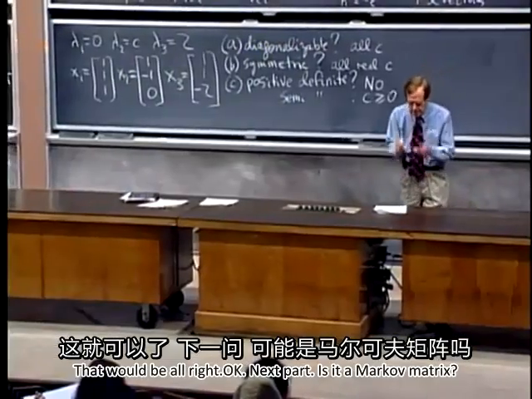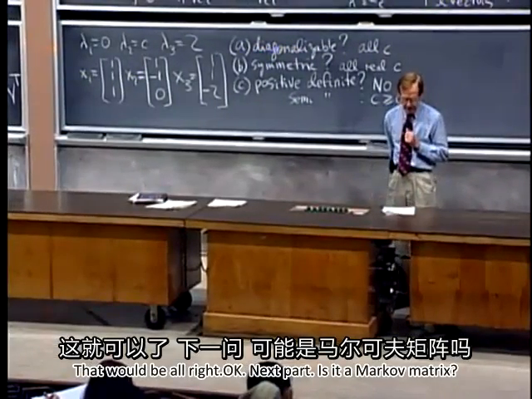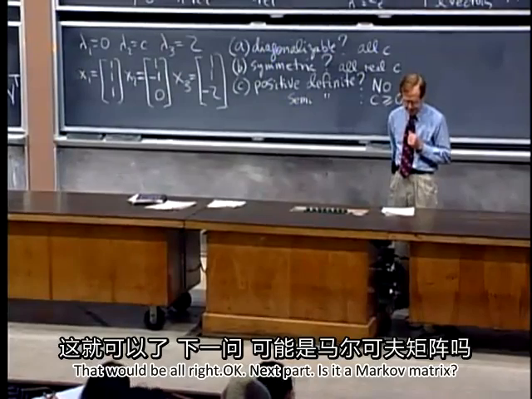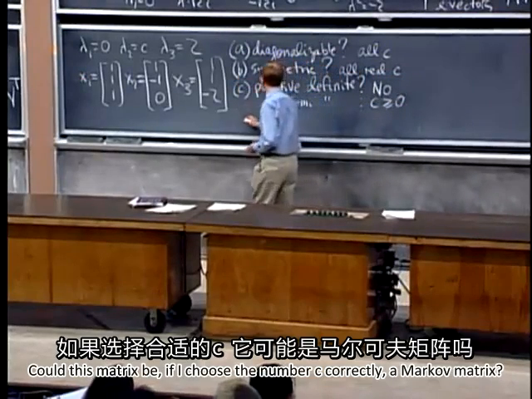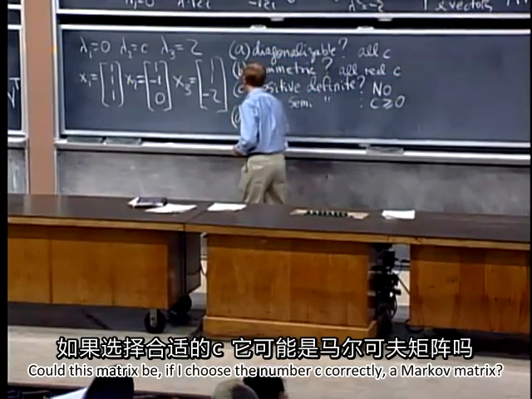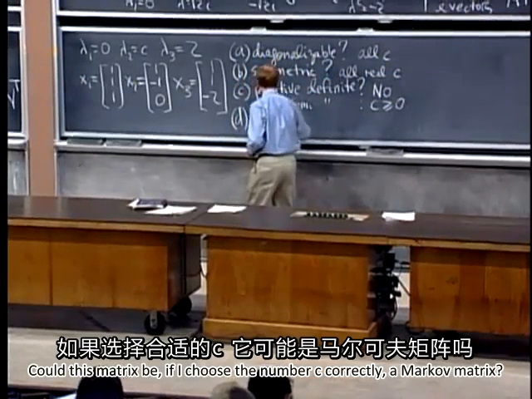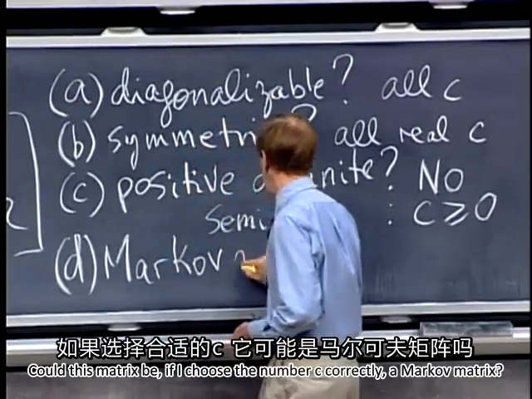Okay. Next part. Is it a Markov matrix? Could this matrix be, if I choose the number C correctly, a Markov matrix?